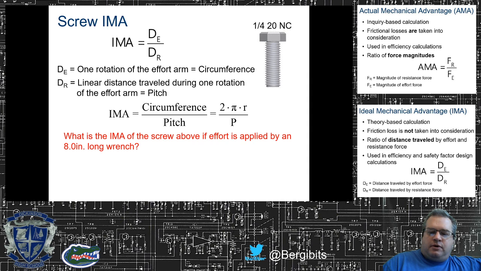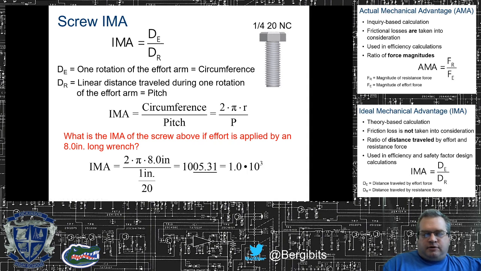Looking at an 8-inch long wrench, that's my radius, because the wrench goes from the center of the bolt out to the end of the wrench. So we're going to go 2 pi r, which is 2 times 3.14 times 8, divided by 1/20th. Oh, my pitch in this one is 1/20th. The bolt in the previous one was 13, so I mixed those numbers up, but I got them fixed this time.